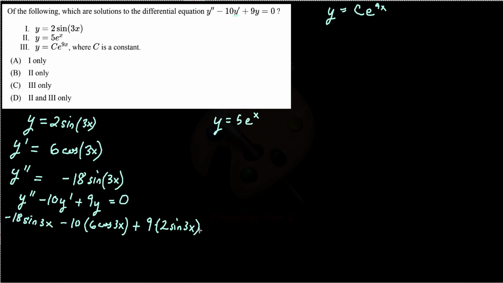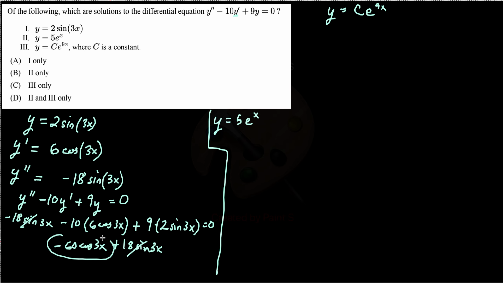And let's see what we get here. It should equal 0. So I get negative 60 cosine 3x plus 18 sine 3x, and I don't see it canceling, right? Because this is going to be 18 and 18. That gives me 0, but I still have this negative 60 cosine 3x, so it is not this one, which makes it between B, C, and D.